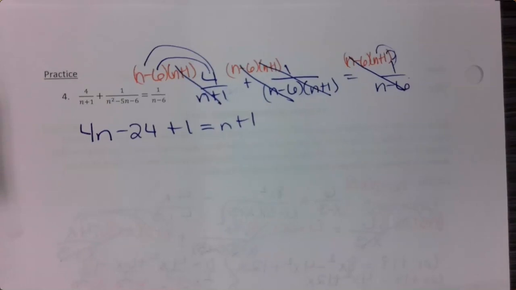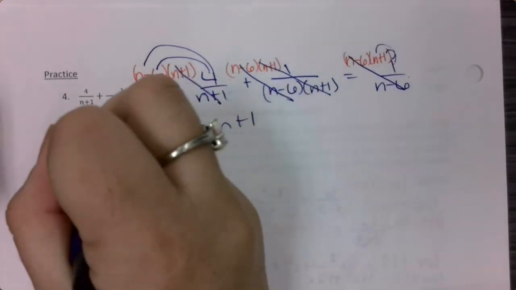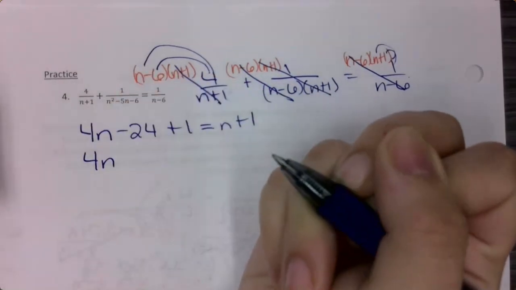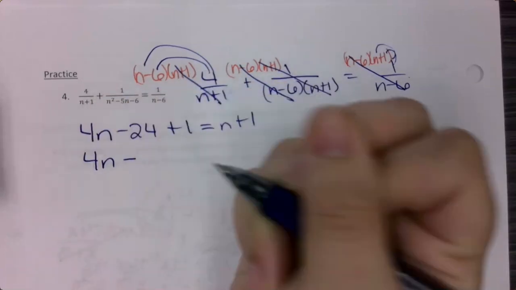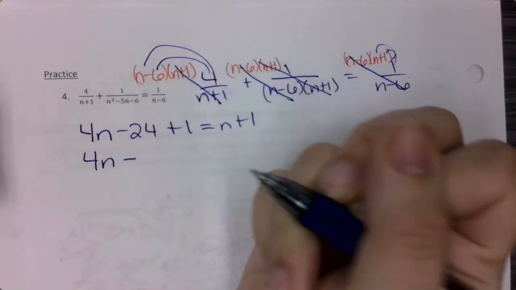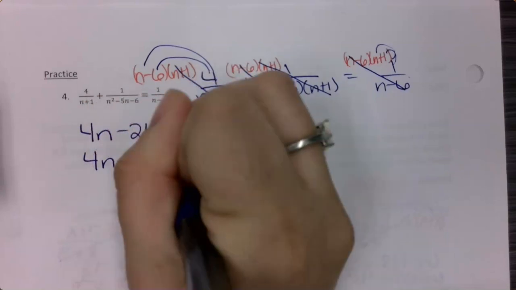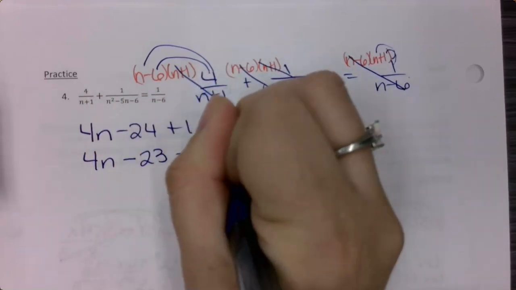Then I want to go ahead and combine my terms on the left side. What's negative 24 plus 1? Negative 23. Then I have n plus 1 on the right.